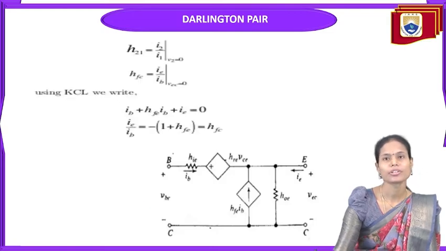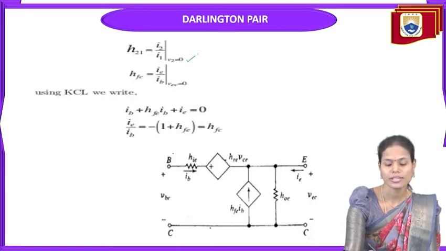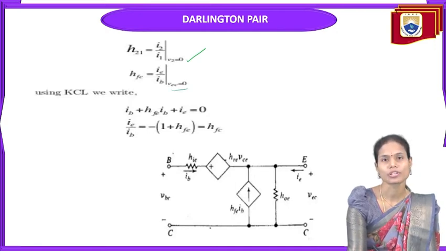And the next parameter is H21, that is current gain, forward current gain, I2 by I1 when V2 equal to 0. This is the case for the normal hybrid equivalent circuit, but for the common emitter configuration, the output current is emitter current and the input current is base current, and output voltage is VCE, that should be equal to 0.